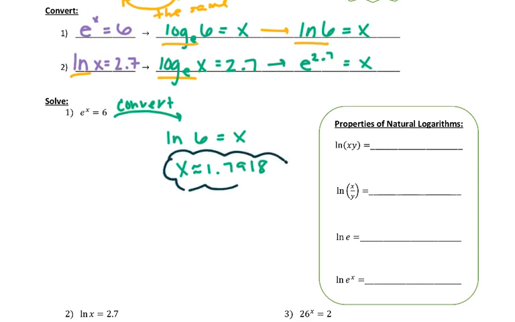Now, there's another way you can go about this. I'm going to show you the other option also. The other option is, and we did this in the last section, I believe it was 8.6, you can take a logarithm of both sides. Like this. Okay. Now, let's say you didn't do the natural log. Let's say you did maybe base 10.